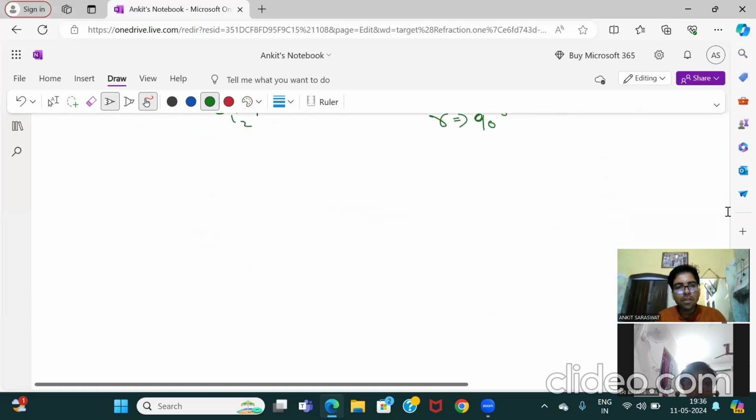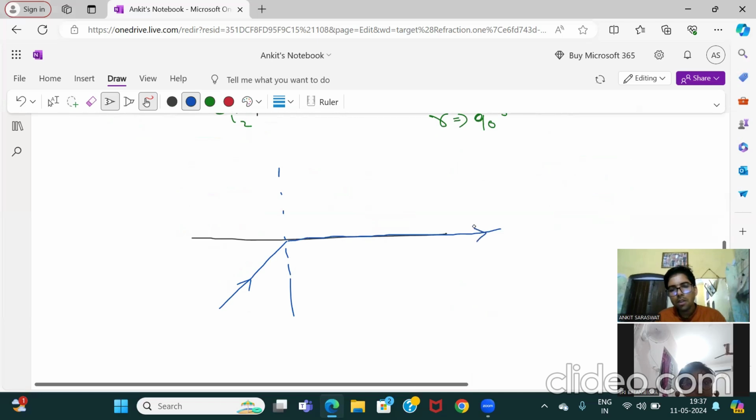At a certain angle of incidence, our refracted ray grazes. Grazes means it is going parallel to the boundary. This is the boundary or interface. Clear?